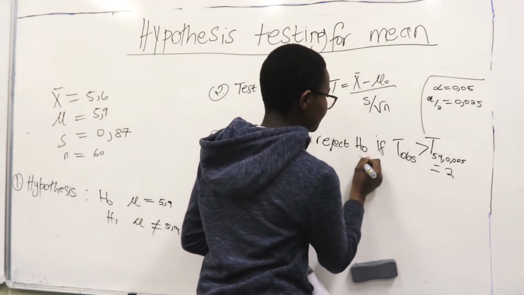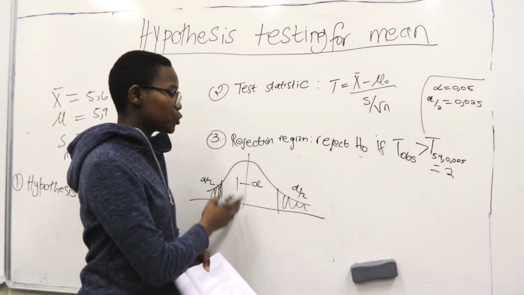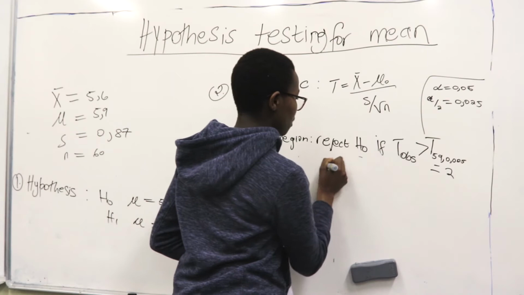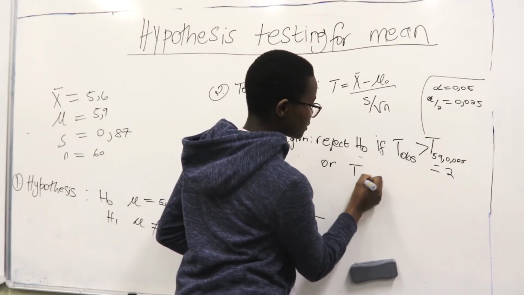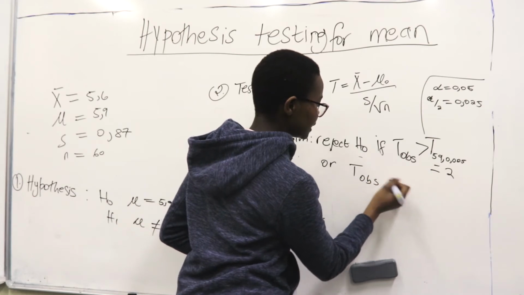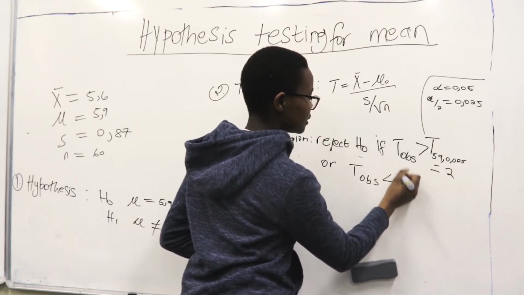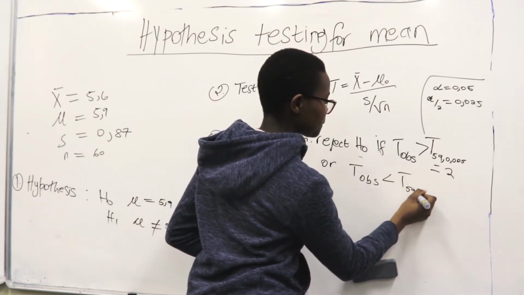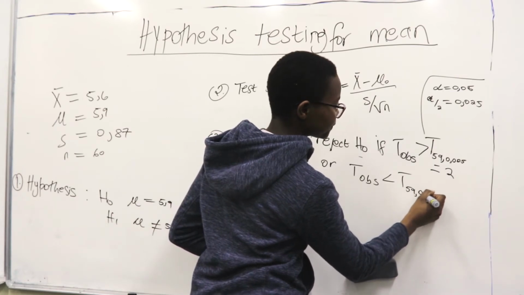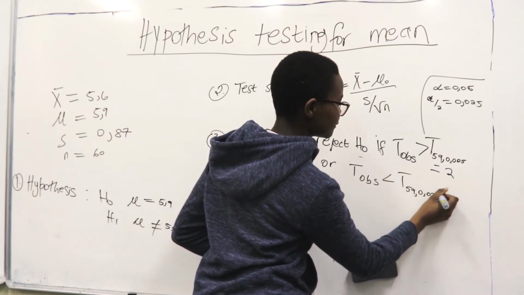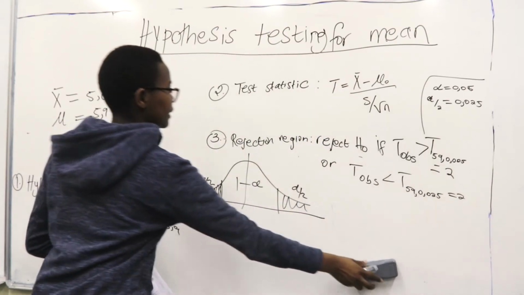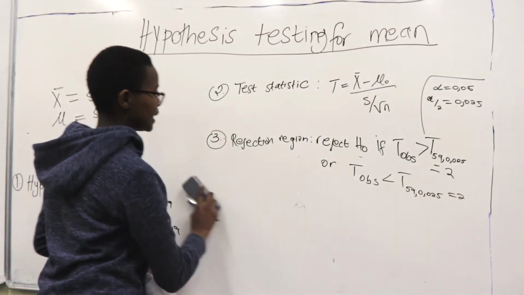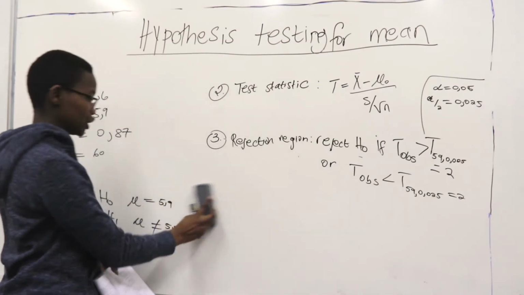And then we said this is a two-tailed test, so we say or if T observed is less than T 59, 0.025, which is equal to 2. Yeah, and then we move to the next step, which is the calculation.